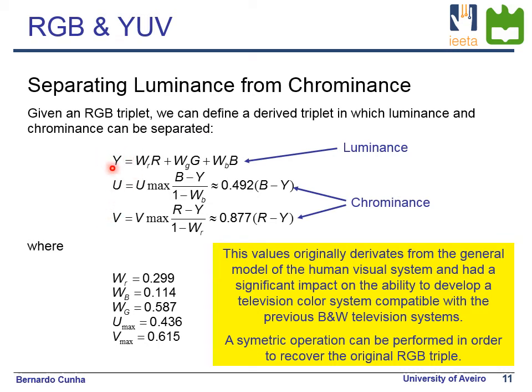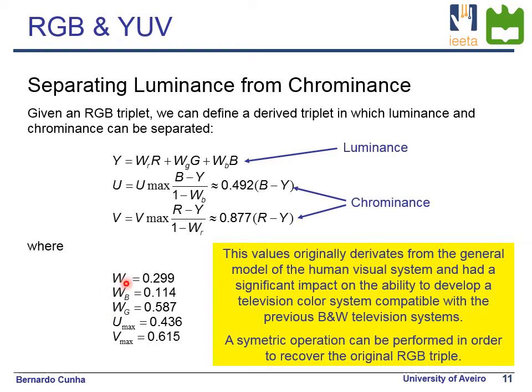So luminance based on RGB will be the result of a weighted sum of the three components. R will be multiplied by WR, G will be multiplied by WG, and B will be multiplied by WB. The sum of these three weights, W, will add up to 1. And you can see down here exactly their values.